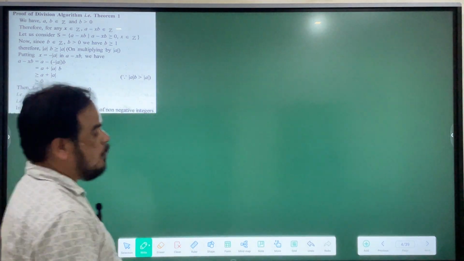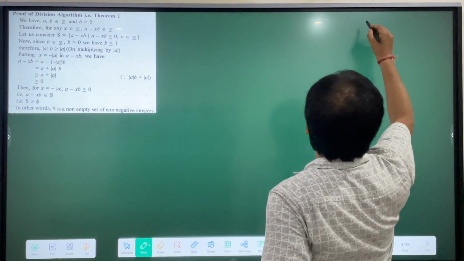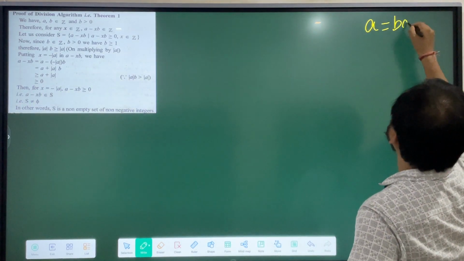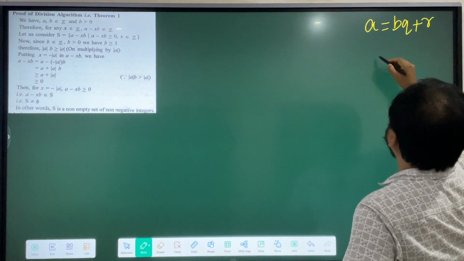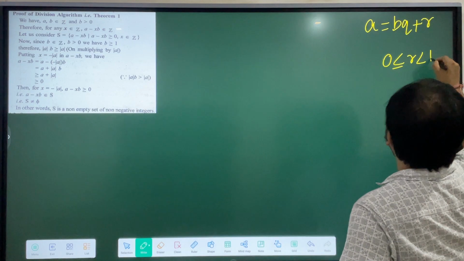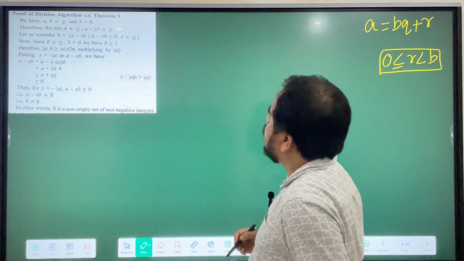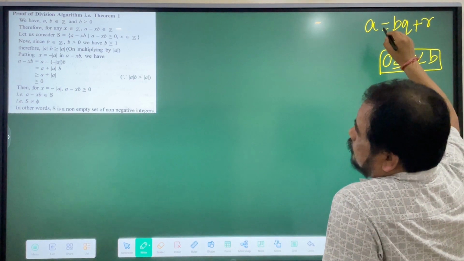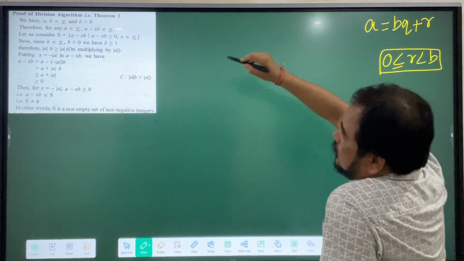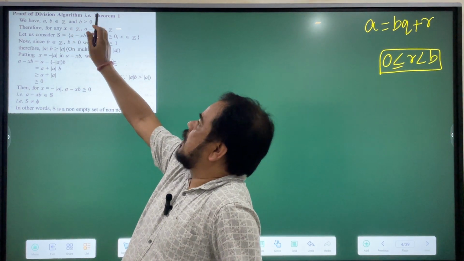What we have got in the previous one, A equals BQ plus R. And what is R? This one you have to remember always. Here it is written, we have A, B belong to Z and B is greater than 0.